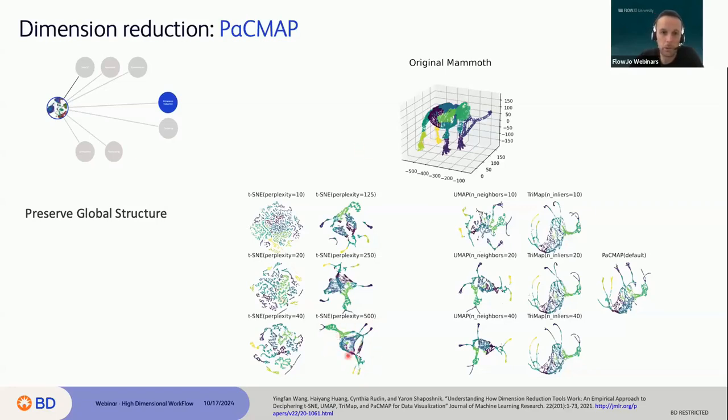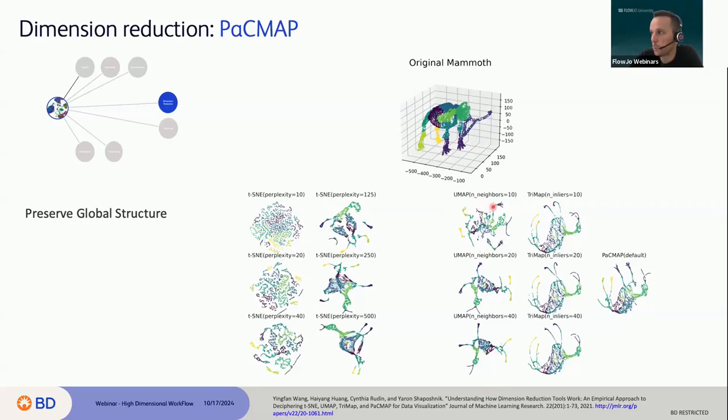So really good to separate the different populations, but not really good to give us the global shape of those populations. So that's why we say t-SNE usually is not really good at keeping the global structure of the data. When we look at UMAP, same thing.